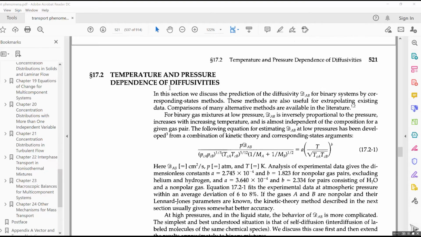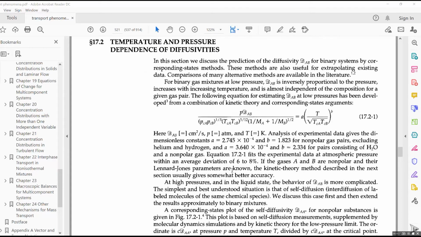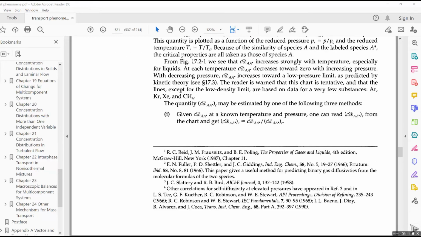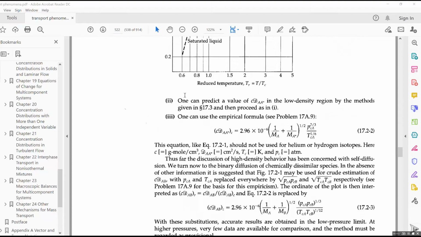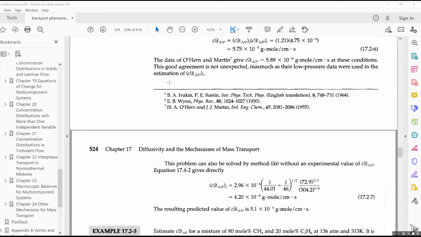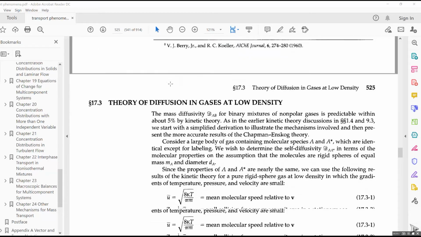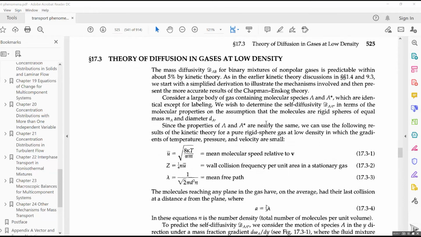In section 17.2 it gives the temperature and pressure dependence of the diffusivities. As we said before, diffusivity depends on the temperature, pressure, and the compositions. These theories give some calculation of the diffusivities and how they depend on pressure and temperature. As we continue in chapter 17, it gives some examples, and you can go and read to obtain more detailed knowledge and insight into all these theories.